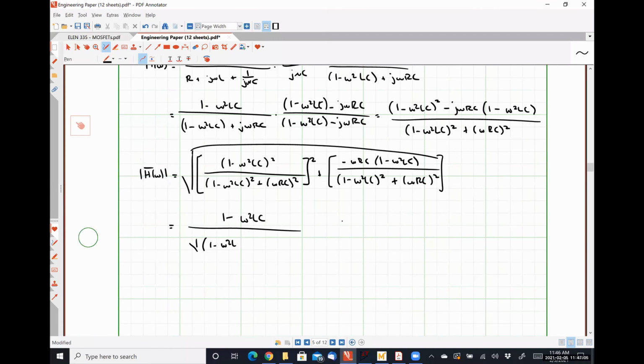When omega is equal to 0, the magnitude is 1. When omega is equal to infinity, the magnitude is 1. So we're going to have something that looks like this.